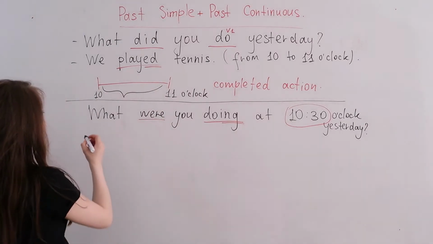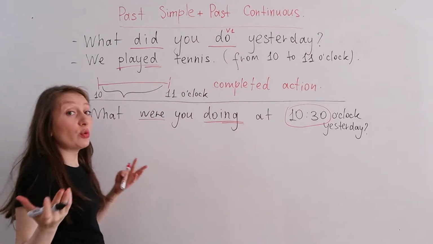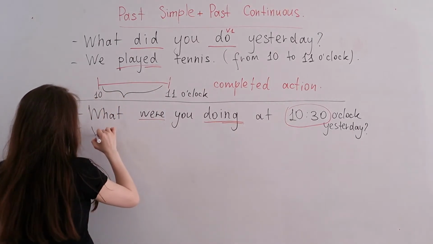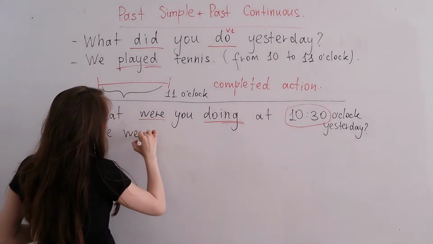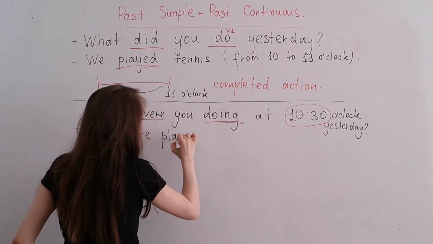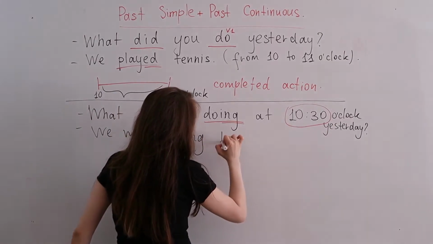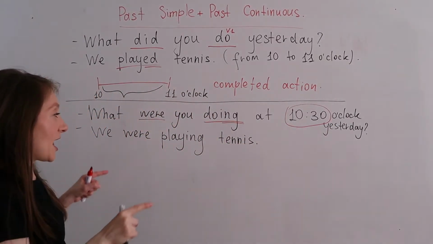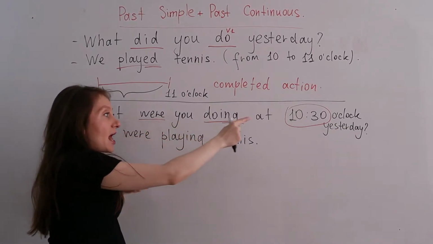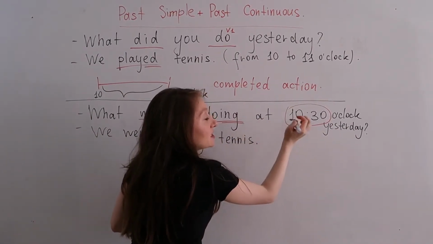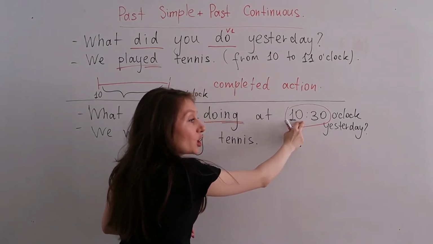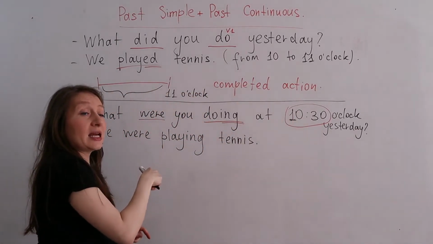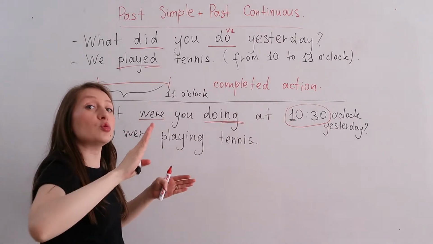So, and you say, we were playing tennis. So you actually answering this question. So it means at this specific time you were playing tennis, like it was the process.